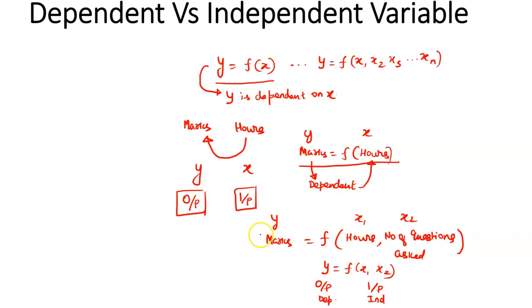Is this clear? So I can have more than one independent variable but only one dependent variable. Please keep this in your mind. Right? I can have only one dependent variable but I can have more than one independent variable. This is how you study.